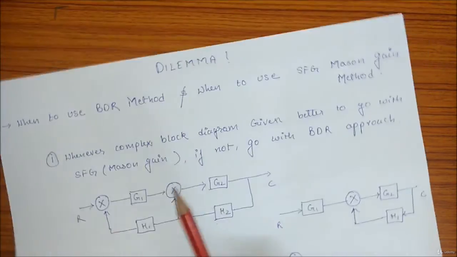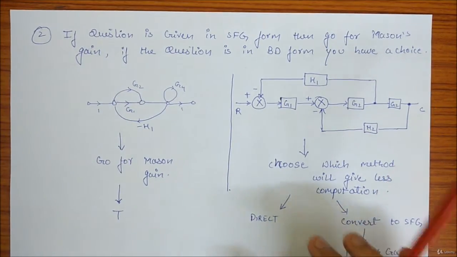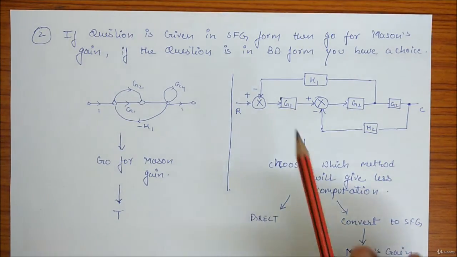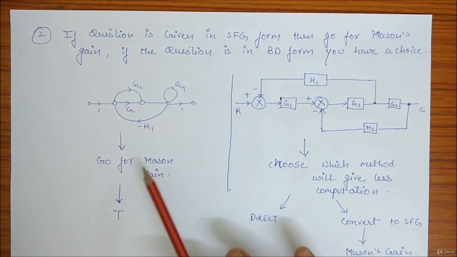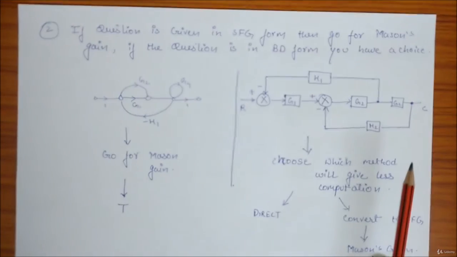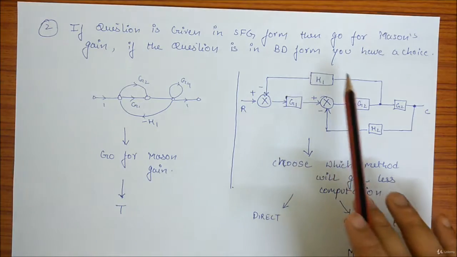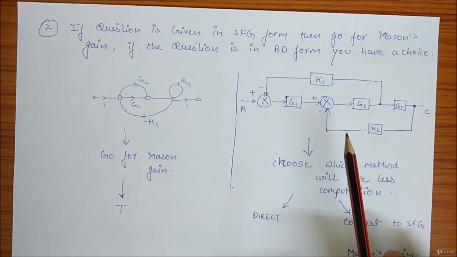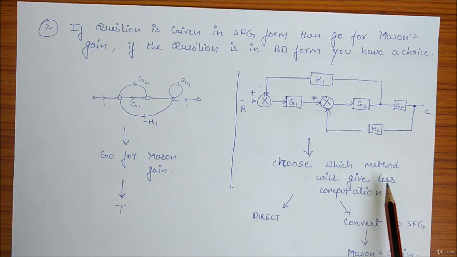Now my second point is, whenever you have a question given in the form of SFG, then directly go with Mason's approach and find the transfer function. When the question is given in block diagram form, then you have a choice of which method to use.